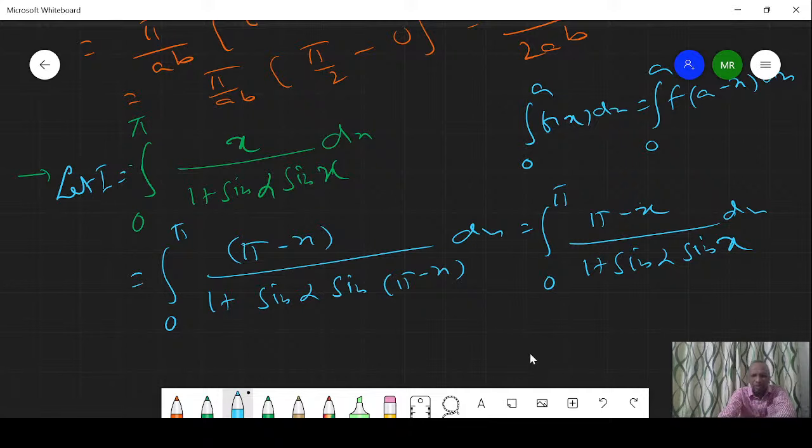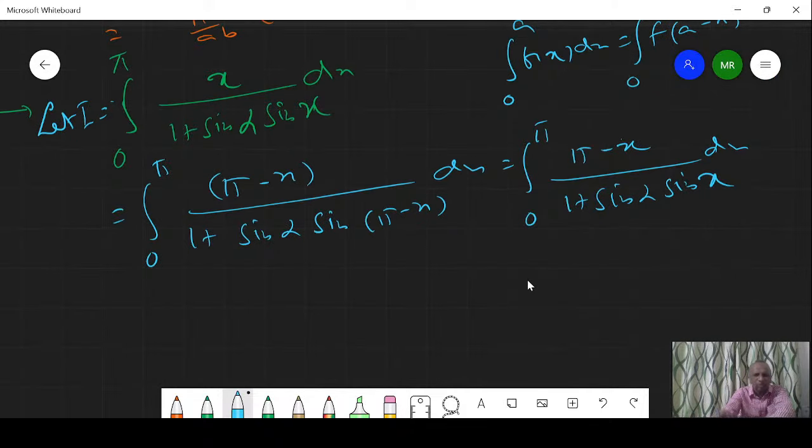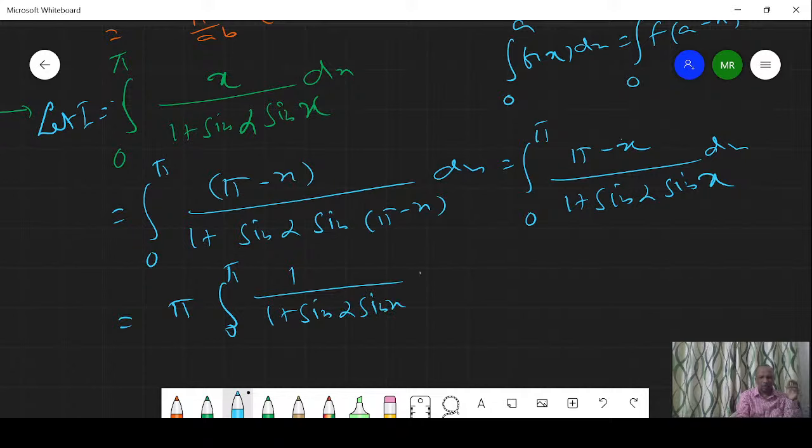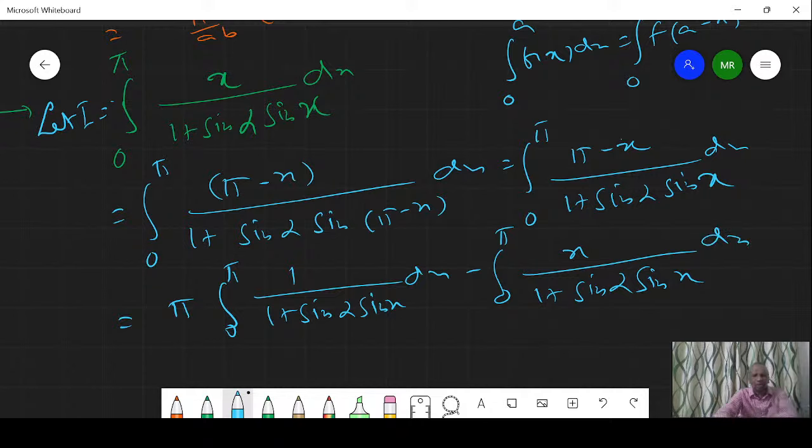I have taken I equal to this. I can split this: I is equal to pi into integral 0 to pi 1 by 1 plus sine alpha sine x dx minus integral 0 to pi x by 1 plus sine alpha sine x dx. But we know that this is I, so I can transfer it to this side.